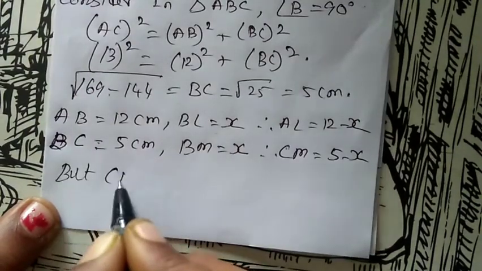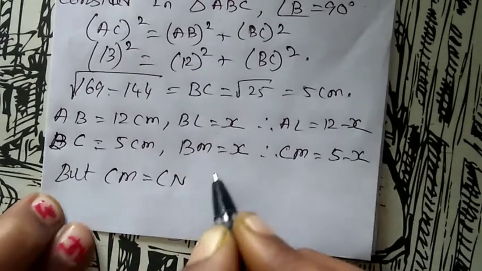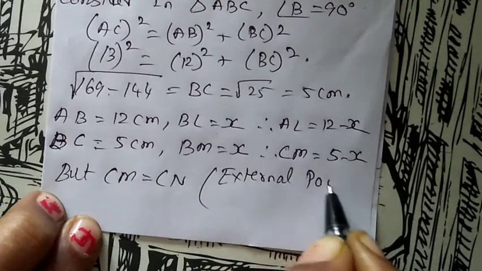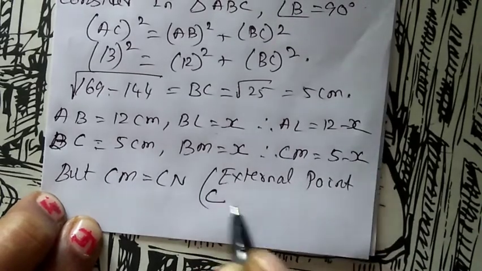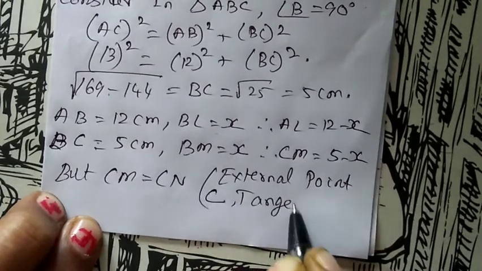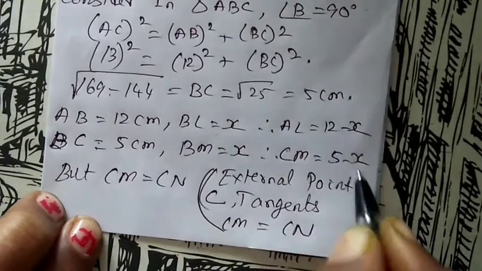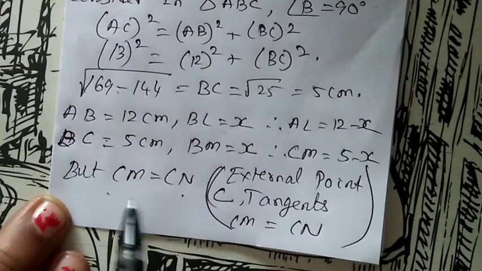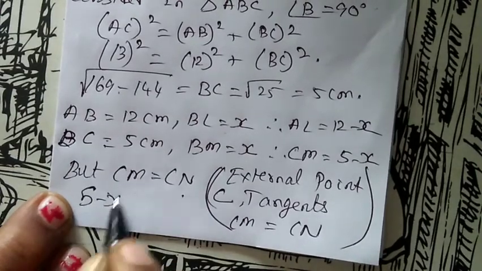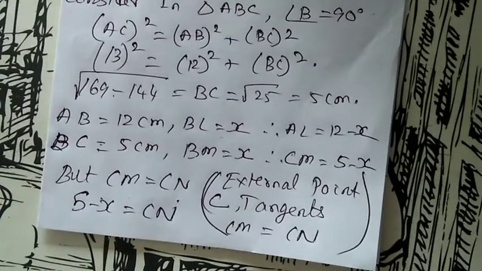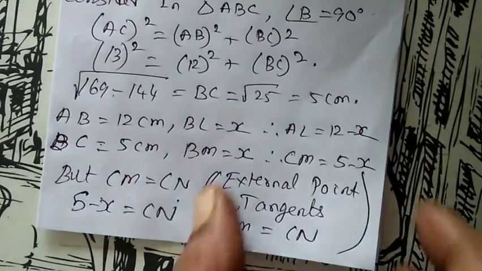But CM is equal to CN because from external point C, the tangents CM is equal to CN. CM we got as 5 minus x. That is CN now. So CN is equal to 5 minus x.